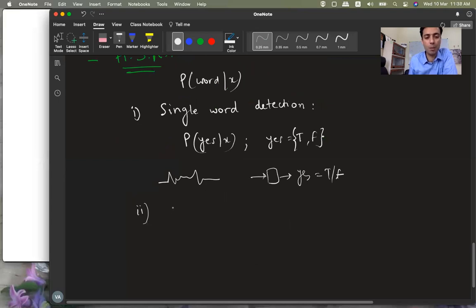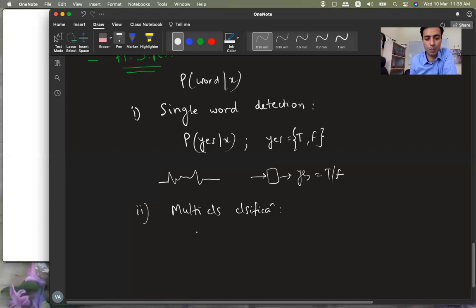But another problem could be multi-class classification, in which you can have yes, no, or nothing.